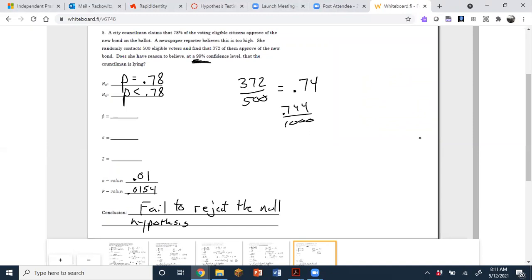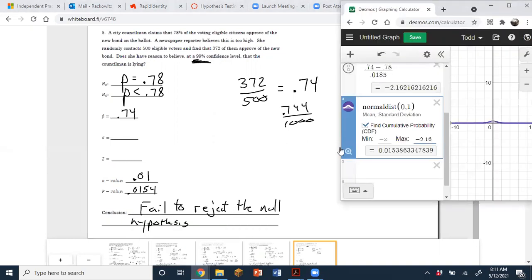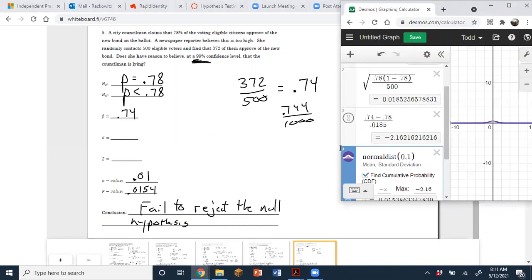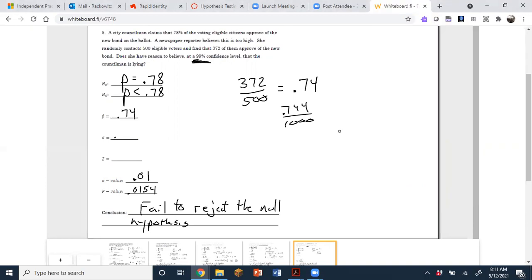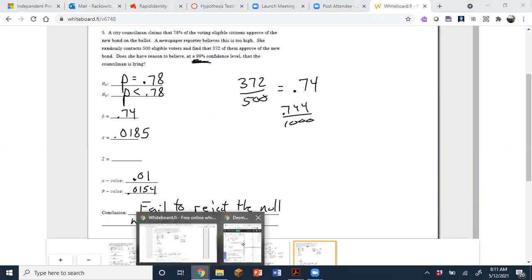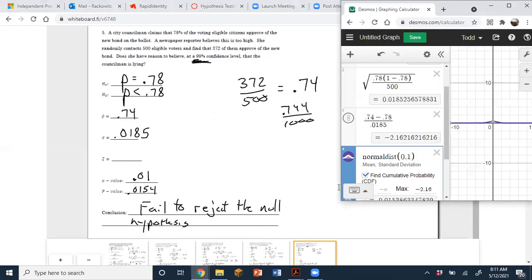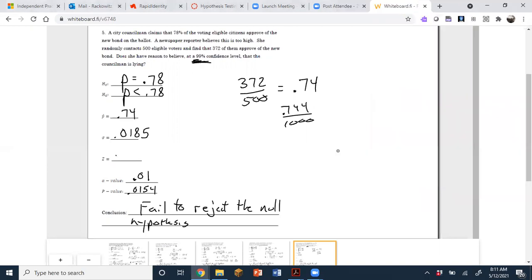And then, so we knew p hat was 0.74, 0.0185 is the standard deviation and negative 2.16.